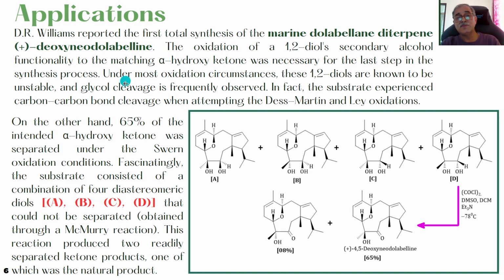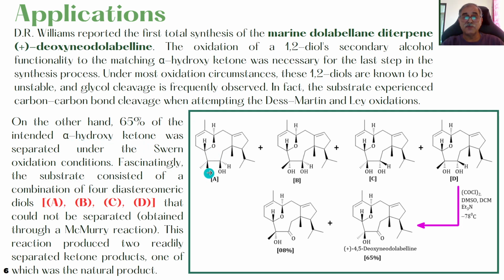But these methods led to the cleavage of the carbon-carbon bond over here, and instead of alpha hydroxyketones, we got aldehydes and ketones at these carbons. So, because Dess-Martin and Ley oxidation failed to give us alpha hydroxyketones, it was then tried through Swern oxidation.